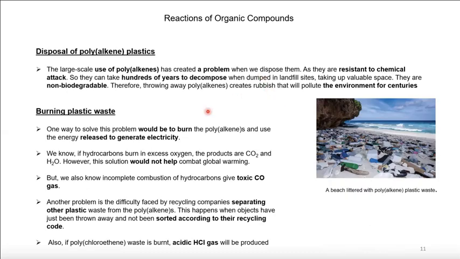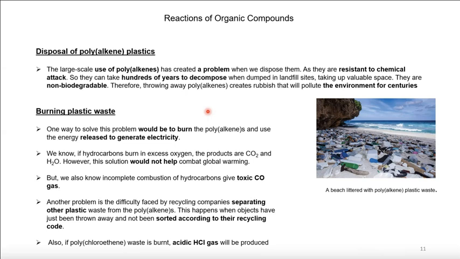Well, this is a problem for us. Yes, we do know that there are very many uses of polymers, but we also know that polymers, specifically, let's say polyalkenes, are resistant to chemical attacks.